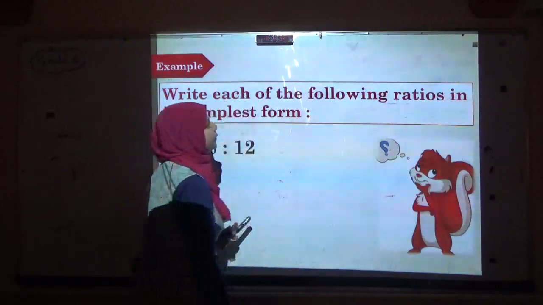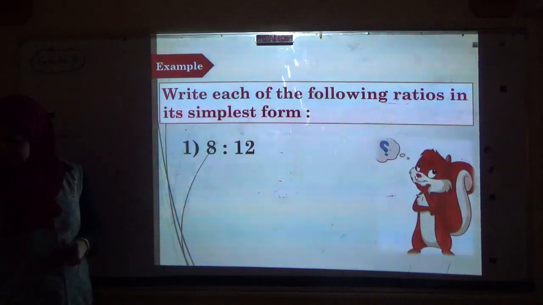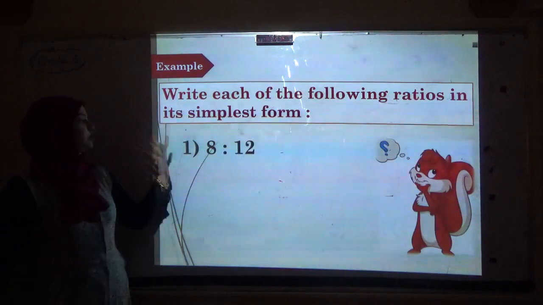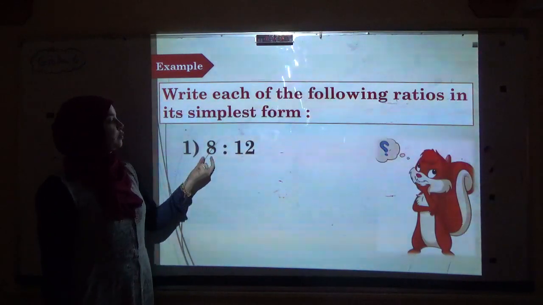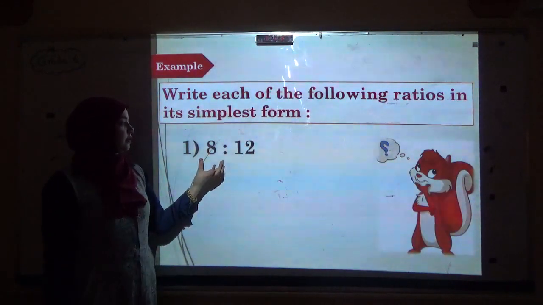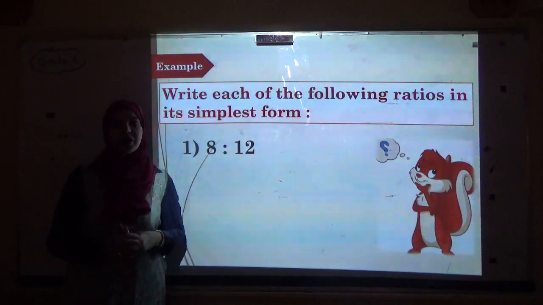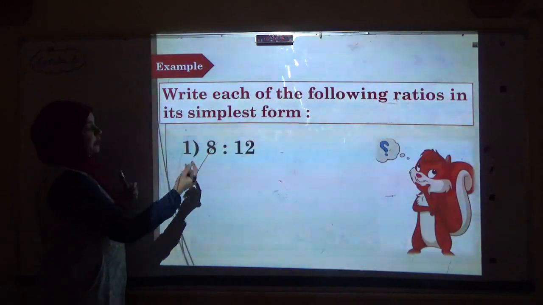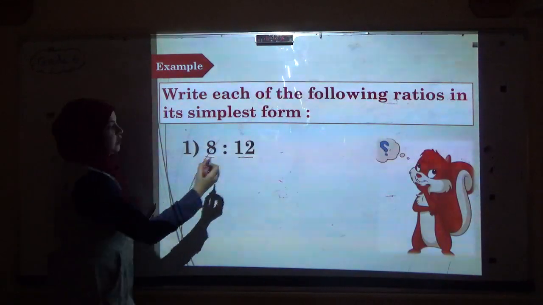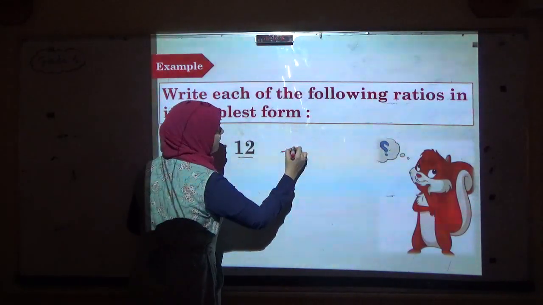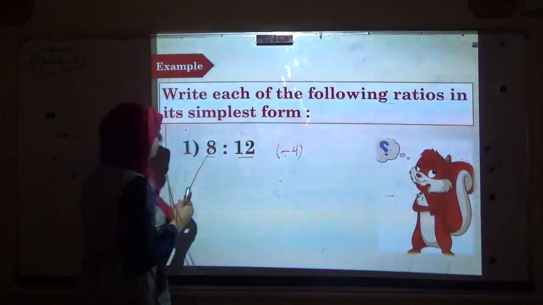Write the following ratios in their simplest form. As we said, to write the ratio in the simplest form, you should divide the two terms by the highest common factor. Okay? Here the highest common factor between 8 and 12 is 4, so we will divide the two terms by 4.